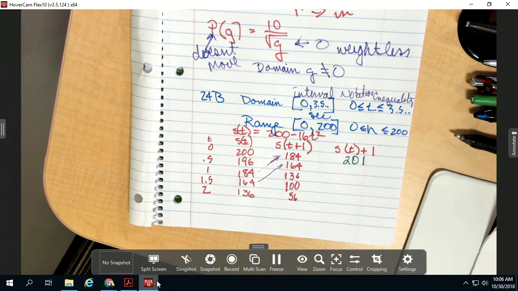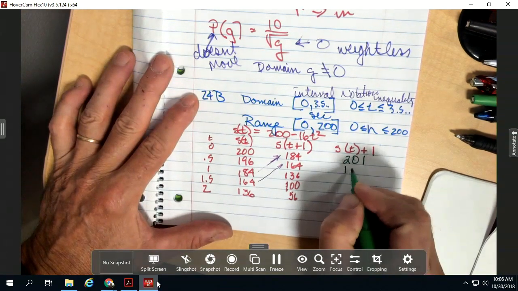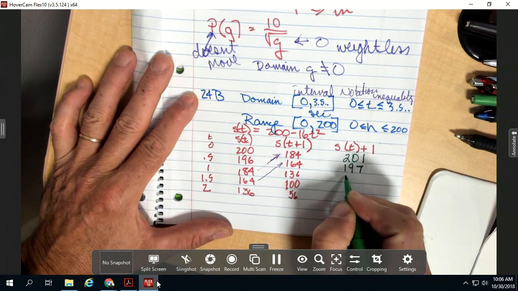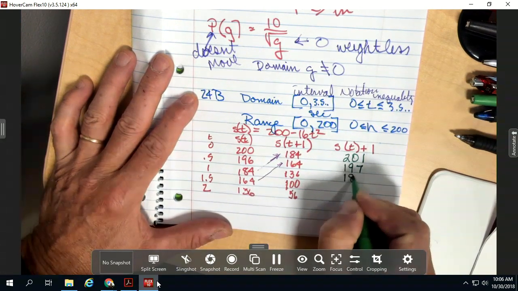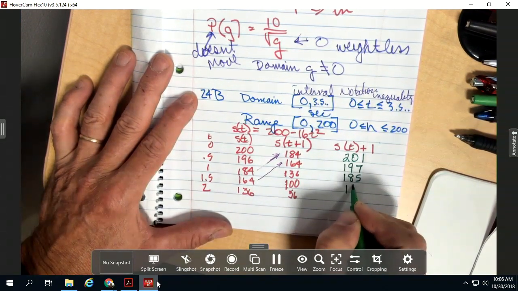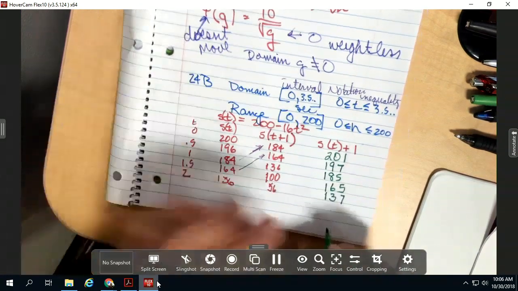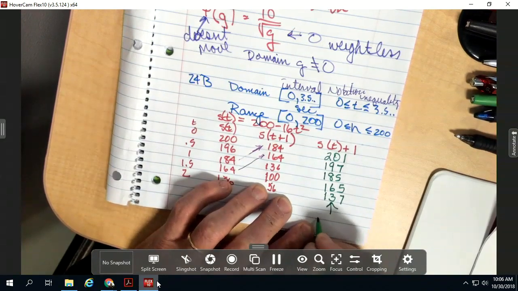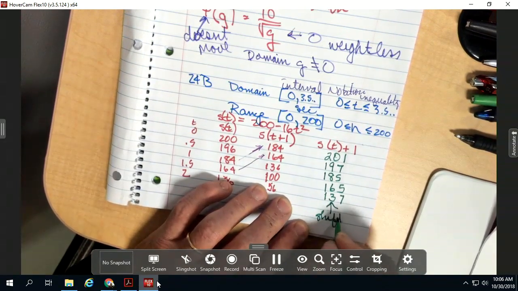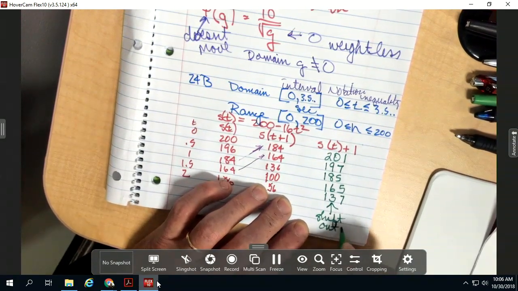What are you going to do? Just add 1 to your outputs, right? What do you get for the second one down there? 197, 185, 165, and 137. So in this case, we shifted the output up 1.